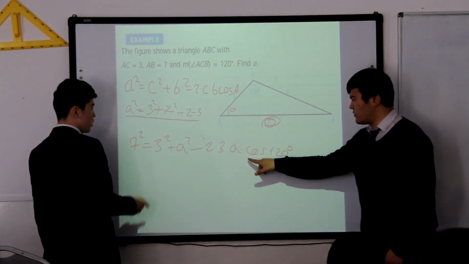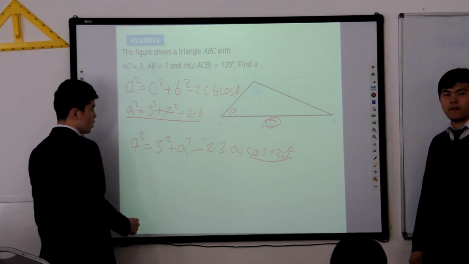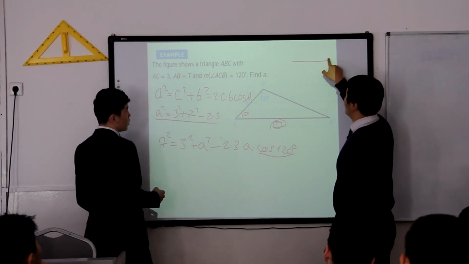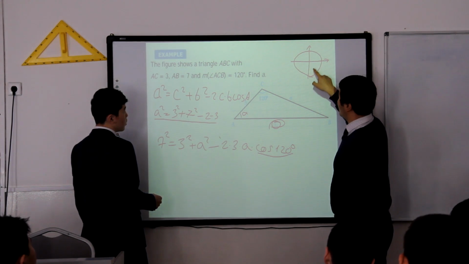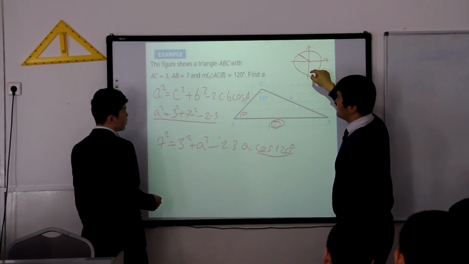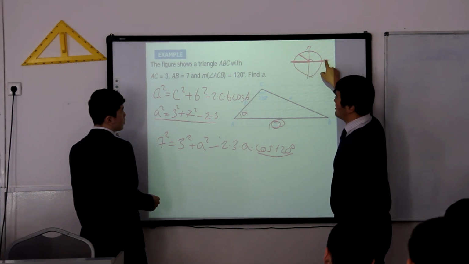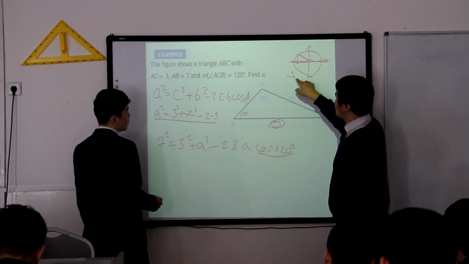So now, first the question. What's cosine 120 degrees? Minus 1 over 2. Because in the unit circle, cosine 120 is approximately here. In cosine you look at the x-axis, then it's this point, which means minus 1 over 2.